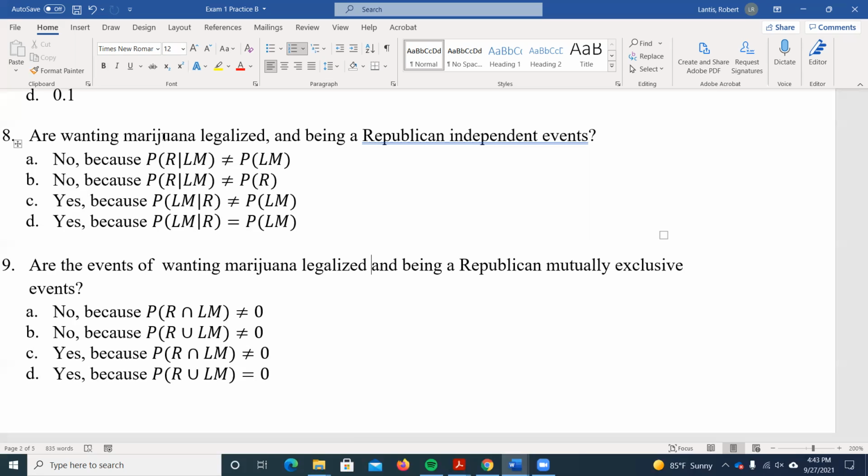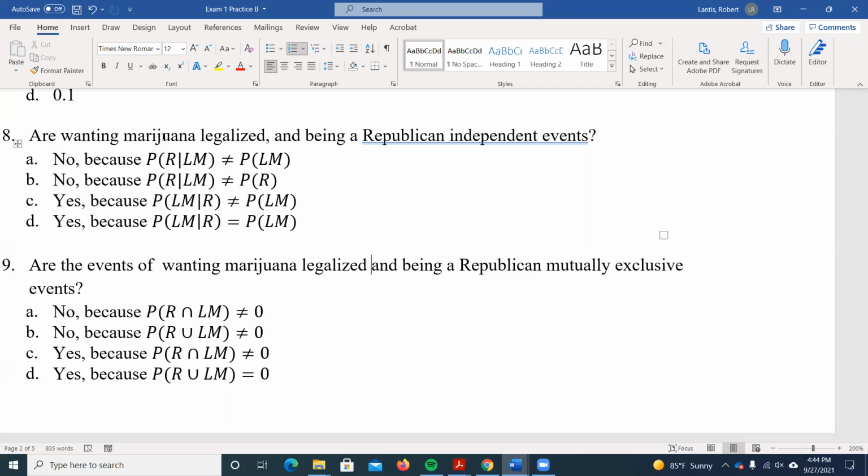So we want to check to see if things are independent. I'll show you something that can be confusing about trying to determine this. Not B, our event was R. So we're going to check to see if the unconditional probability of wanting marijuana legalized is the same as the conditional probability of wanting marijuana legalized, right?